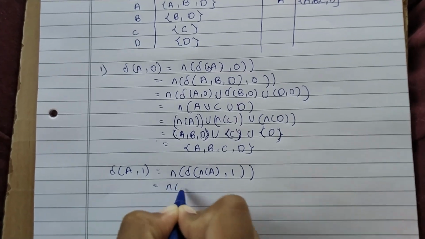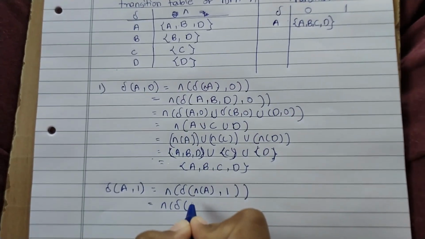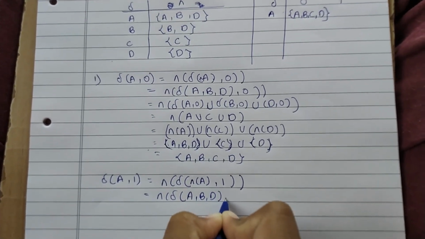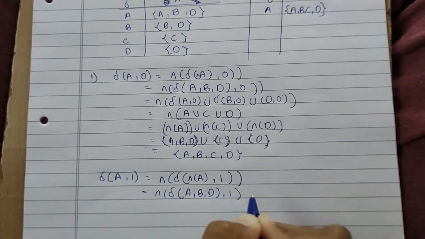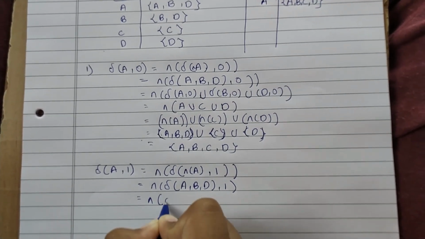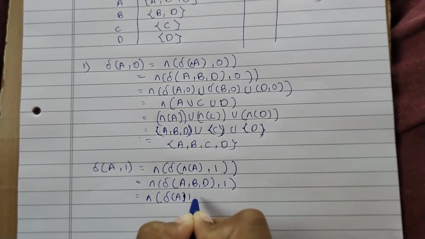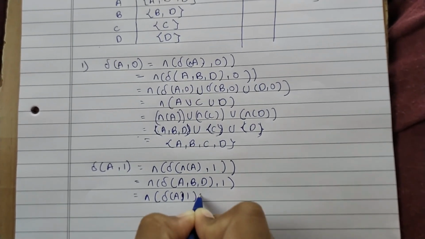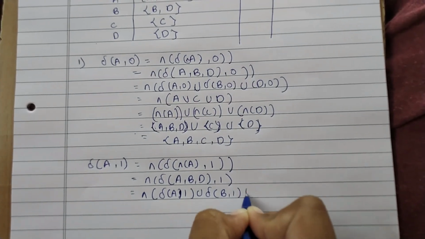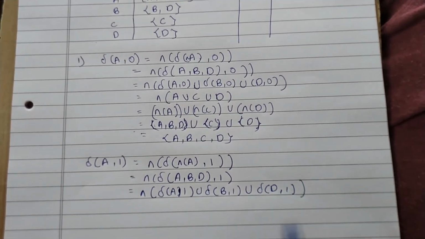Now null of A is A, B, D. So A, B, D, 1. Now null of delta A, 1 union delta of B, 1 union delta of D, 1.